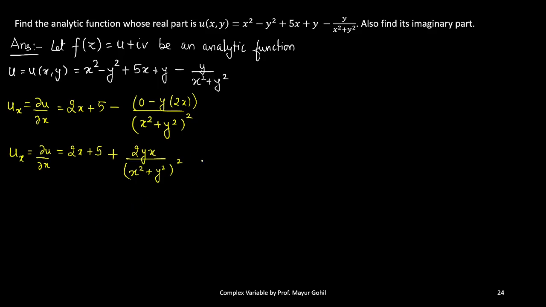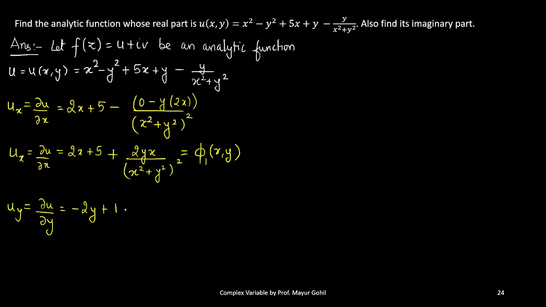This is what is going to be labeled as phi 1(x, y). Now let us find uy, that is ∂u/∂y, and let's do the derivative. That's minus 2y. X square is 0, minus y square is minus 2y. 5x is going to be 0, and then the derivative with respect to y for y is 1.